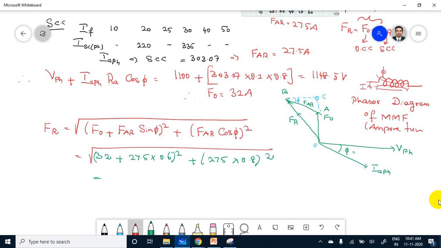What is the final answer? FR, the resultant magnetic field. Please tell me the answer. FR. Anyone? How much is the answer?